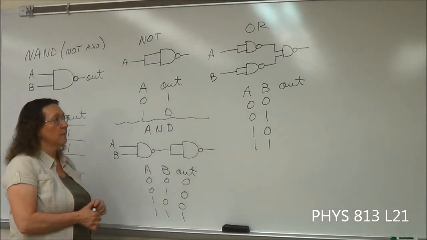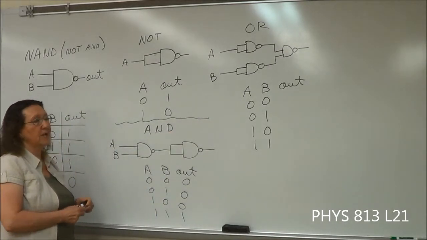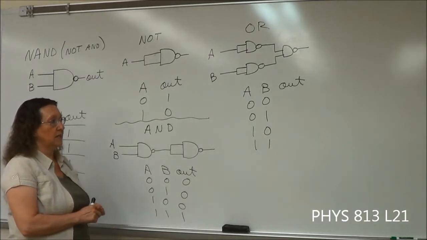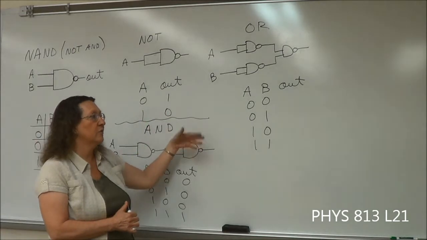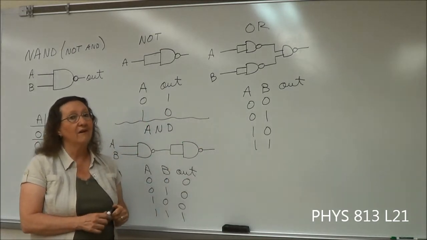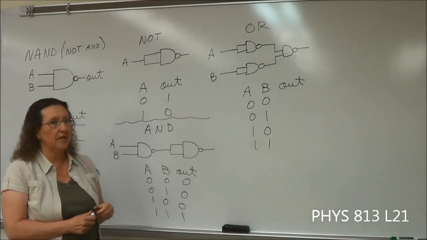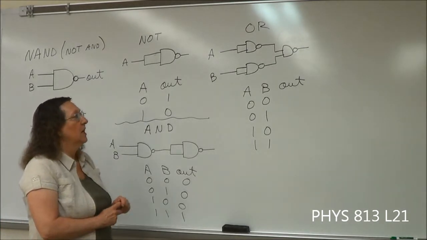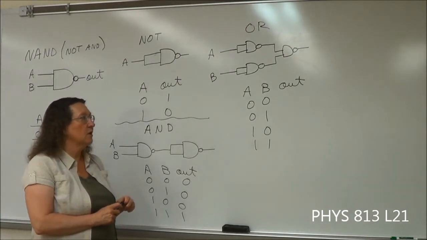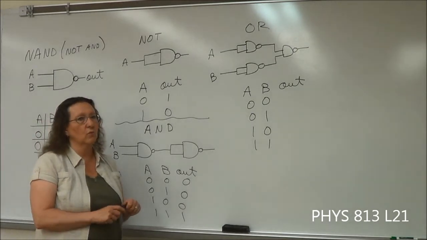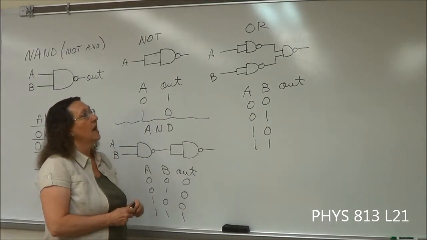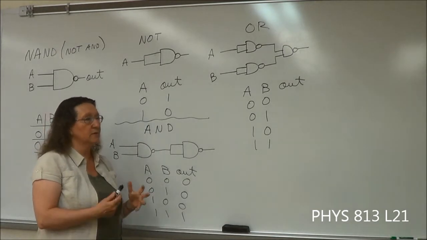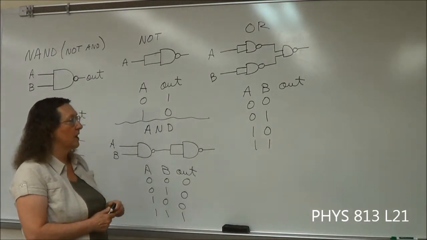There are some in a little bit that are going to have 3 inputs, an A, B, and a C. And we'll see that when we have 3 inputs, we have 8 possible combinations. So it's going to be easier if you can write down some of these things as you work through the problem rather than trying to remember everything all at the same time.